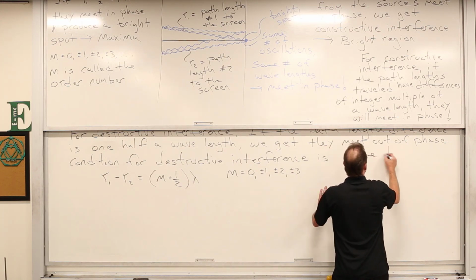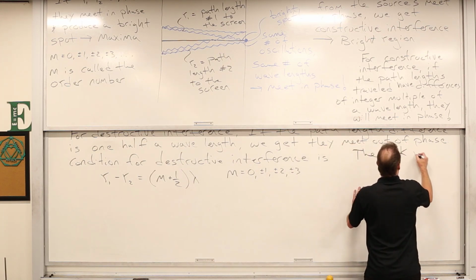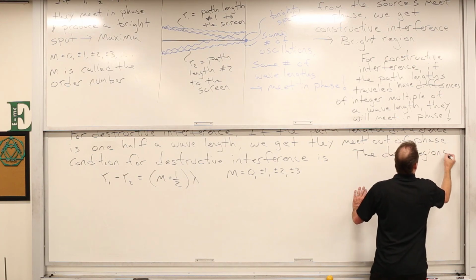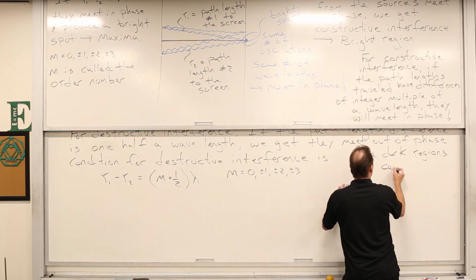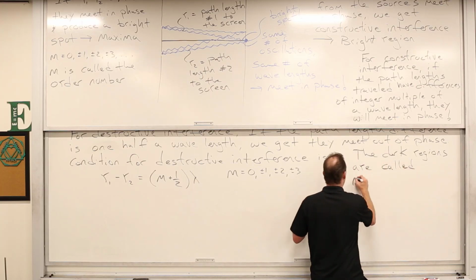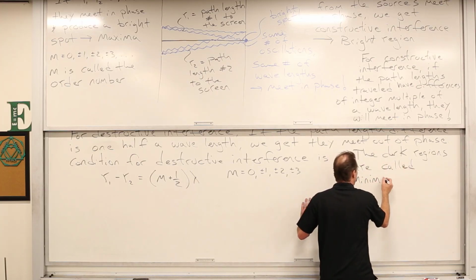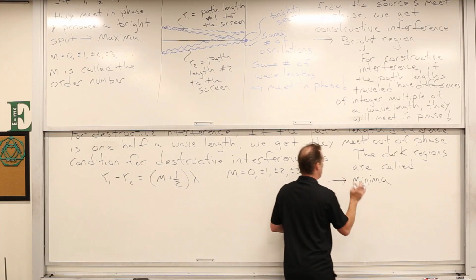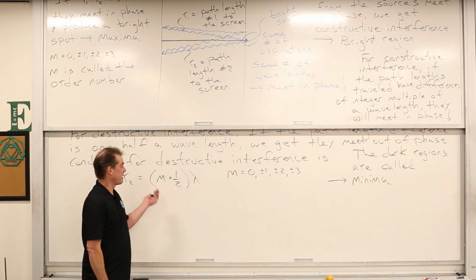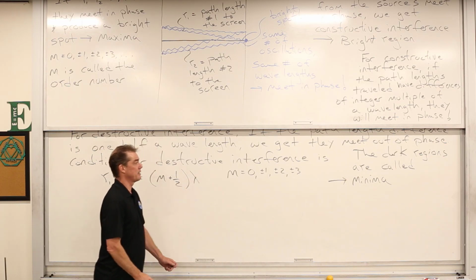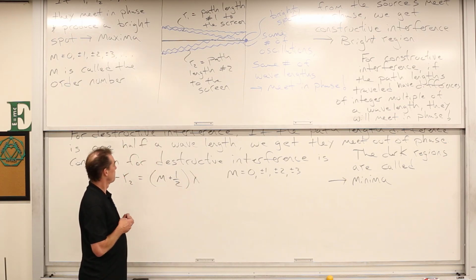You should note the dark regions are called minima. So we've got maxima and minima that we generally discuss in terms of the bright spots and the dark spots, and that's basically it.